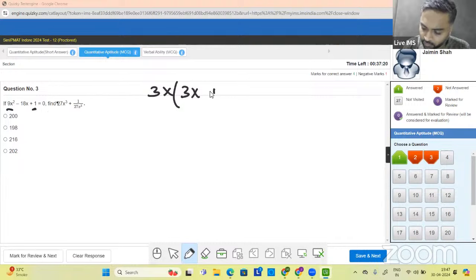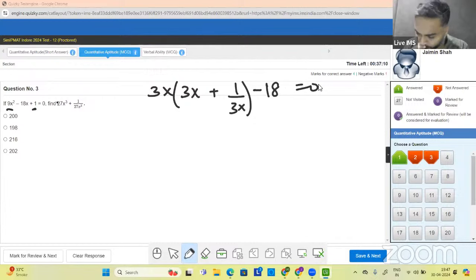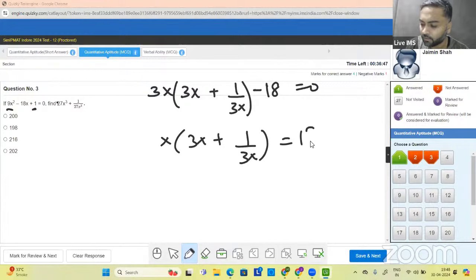And this term I will write down, this is 1 upon 3x हो गया, करेक्ट है. And then I have minus 18. नहीं, but minus 18 तो बाहर लिख देंगे. Is equal to 0. अभी क्वाड्रेटिक हो रहा है तो x into 3x plus 1 upon 3x is equal to 18, is equal to 6, right?